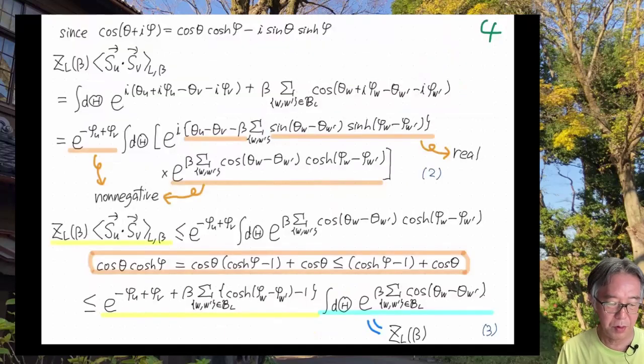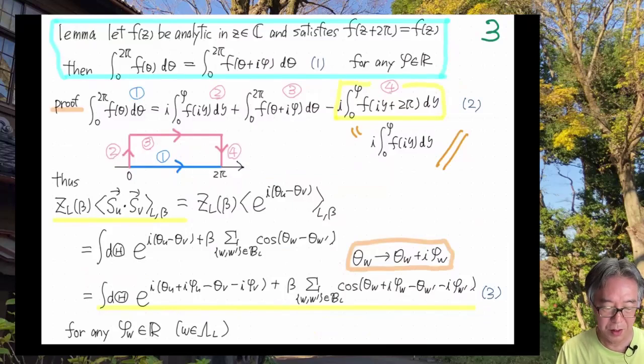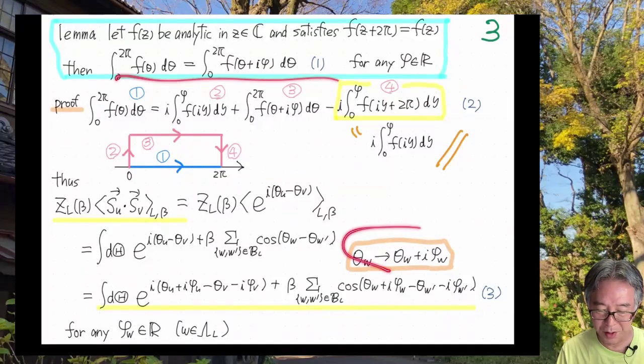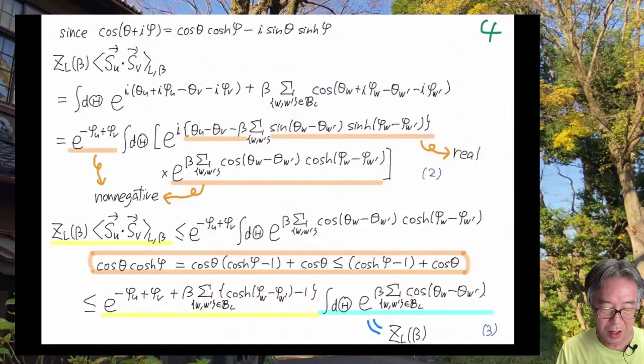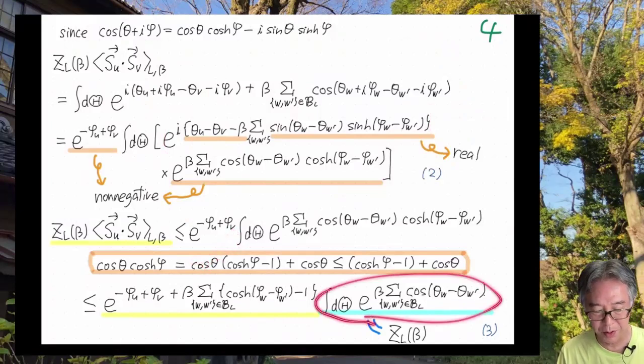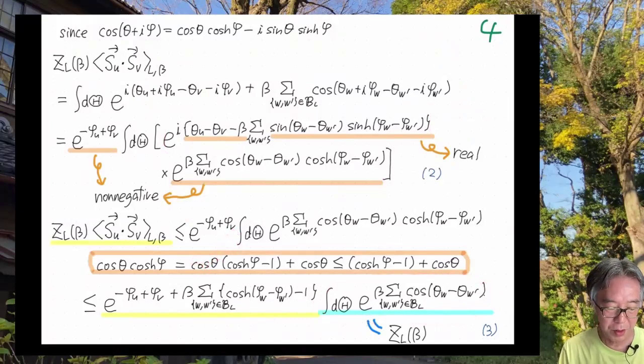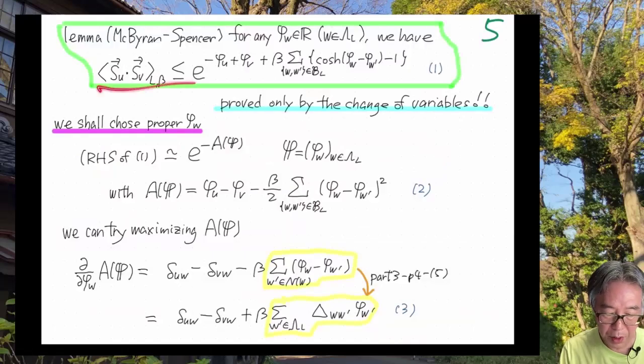We didn't use anything non-trivial. We just used this lemma and made this substitution, and we bounded this integral by simply bounding this by 1 or bounding this by 1. So very simple, but finally we have this, and without doing any integral, we got this.